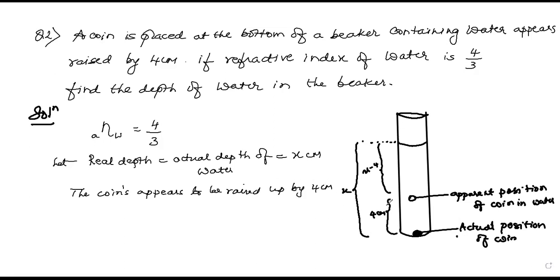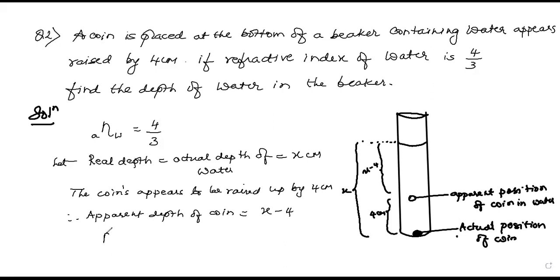Appears to be raised up. Actually it doesn't happen, but it appears so. Therefore, we call this the apparent depth. The apparent depth of the coin equals x minus 4. The full depth is x, but it appears to be raised up by 4 centimeters, so naturally it is x minus 4.